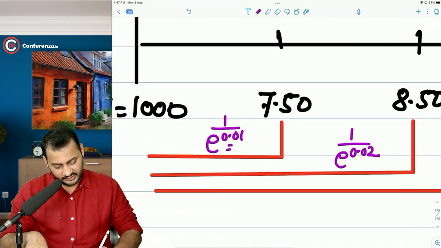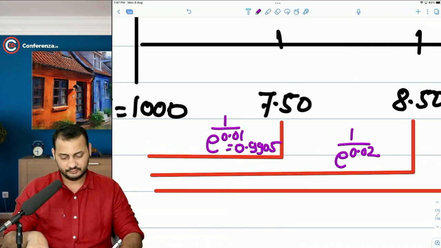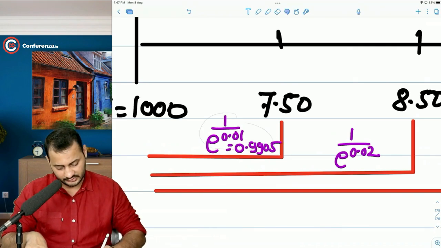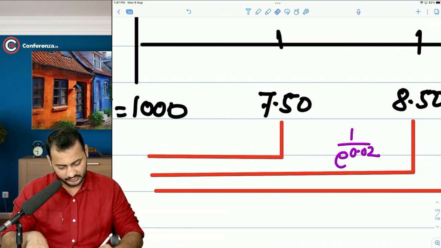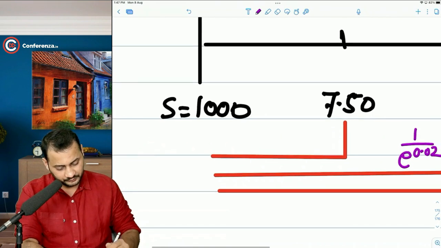Negative means we are going to multiply by 0.9905. So the present value factor is 0.9905. Let me just do it in a better way.